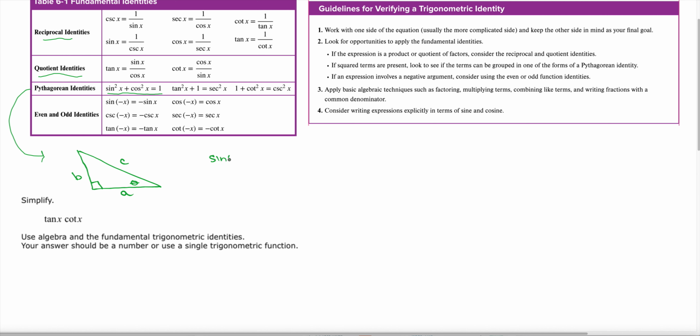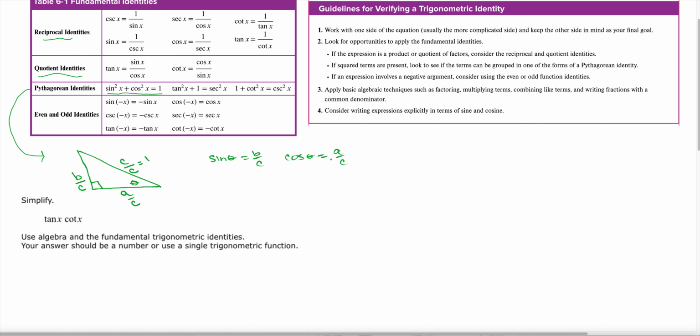So I could say, okay, sine theta opposite over hypotenuse, so that would be B over C. Cosine theta adjacent over hypotenuse, so that would be A over C. And then we would, of course, think tangent would be B over A. But now let's go ahead and I'm going to divide each side by C. Okay, so C over C, right, we know that's 1, that's number over itself.